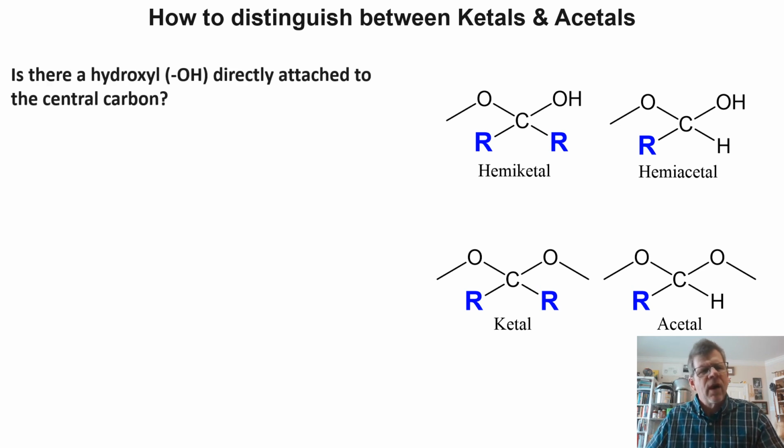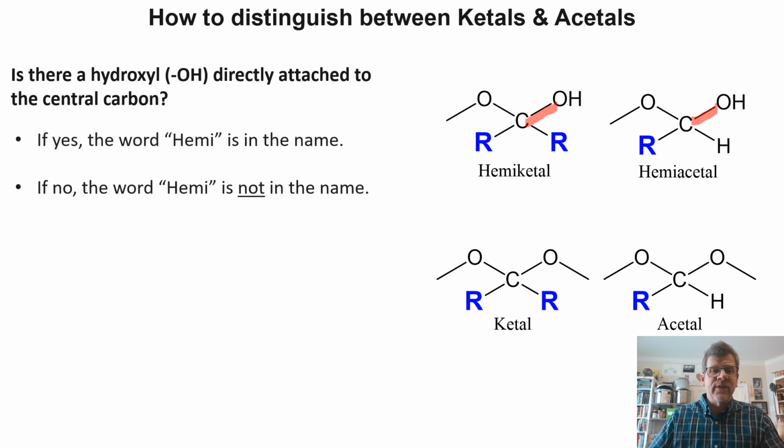So, first question. Is there a hydroxyl, OH, attached directly to that central carbon? Well, if we look over on the right, in some cases, sure there is. There's one there, there's one there. In a couple cases, there's not. Who cares?